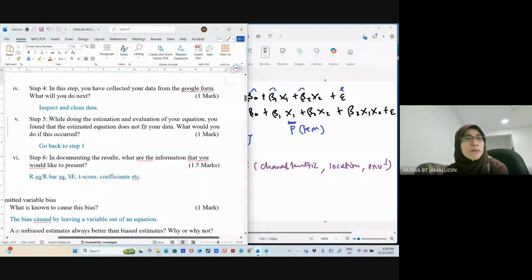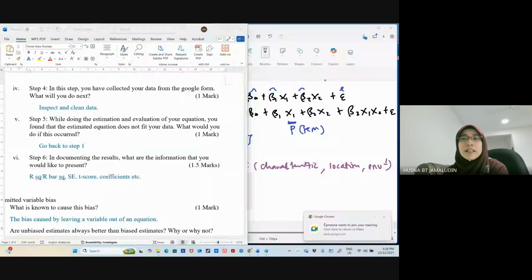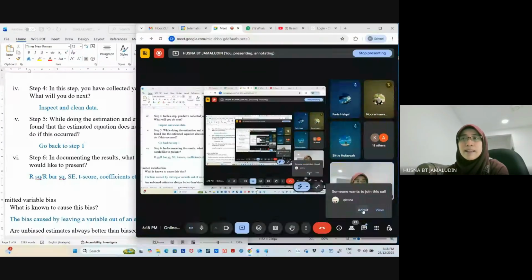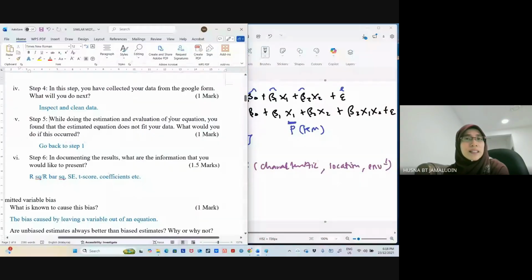So let's say you have a problem, for example, you run the equation, you got the multicollinearity issue, you have misspecification problem, you have heteroskedasticity, you have serial correlation, all the problems. Basically, you are violating all the classical assumptions. So what will you do? What's wrong? Data. Okay, if you are facing something like this, what will you do?